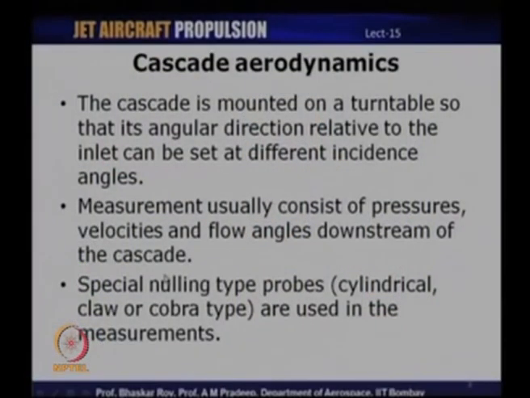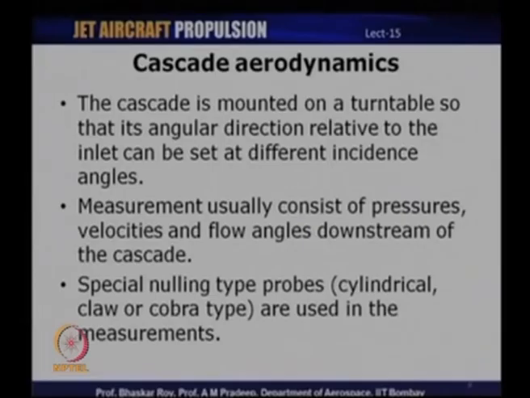Normally, we use special probes which are traversed and moved along the trailing edge of the blade to gather information on these parameters. For this purpose, we use special probes known as claw probes or cobra probes and so on. I will not go into details of them in this particular lecture. Special probes known as nulling probes are used at the exit if we need to measure the angles as well. They could be of different forms, cylindrical, claw type or cobra type, etc.